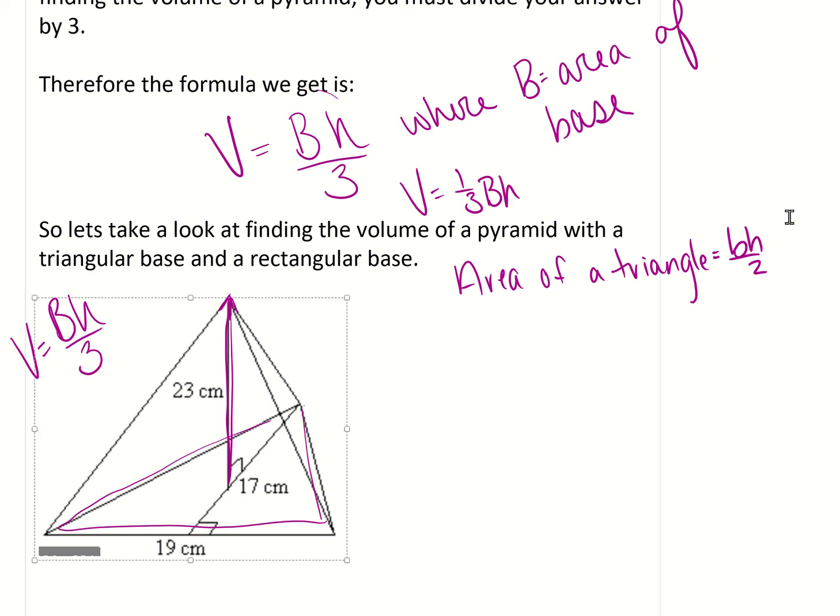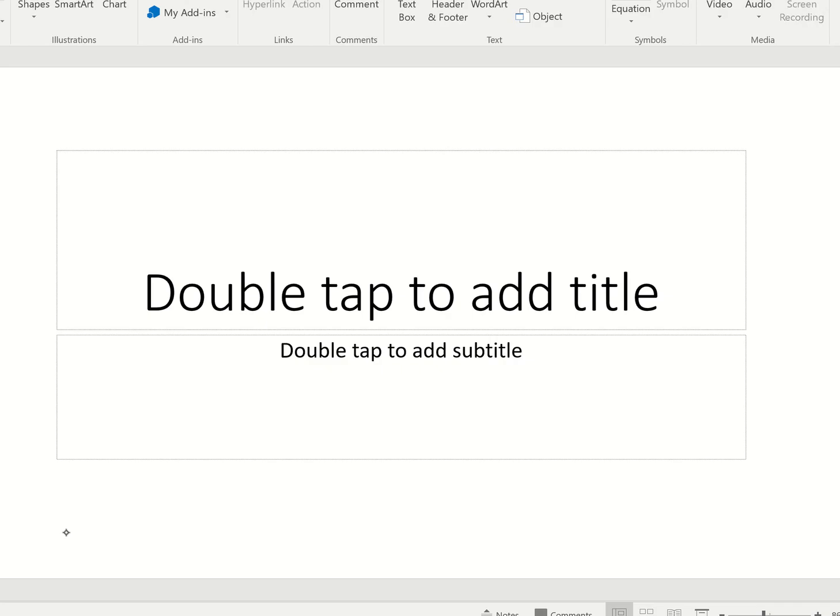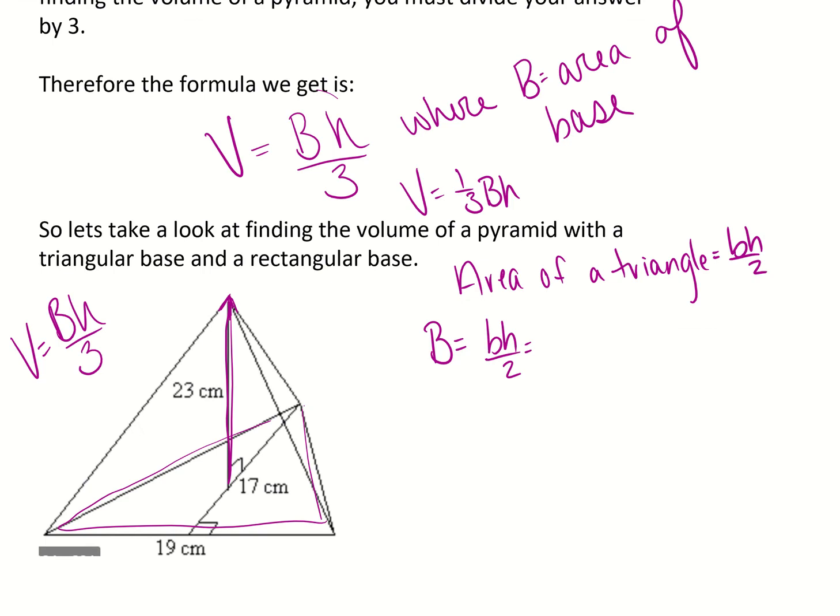I'm going to keep that in the back of my head. However, the first thing I'm going to do is find the area of the base. So the base of this is a triangle, and I know the formula is base times height divided by 2. The base of this triangle is 19, as we see right here.